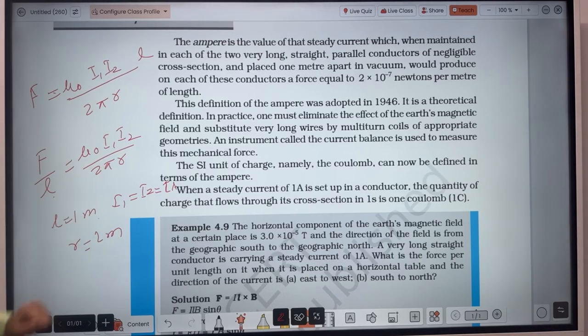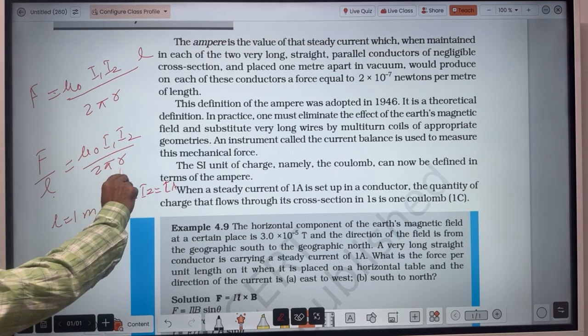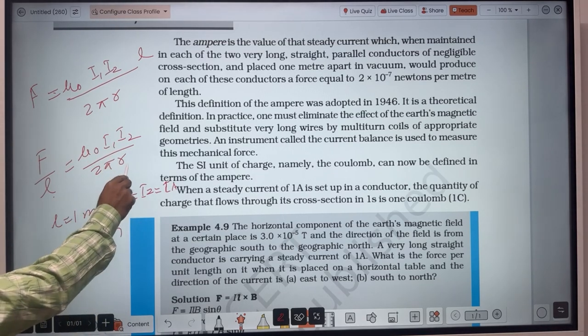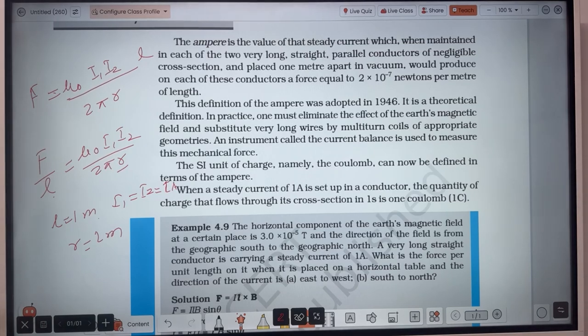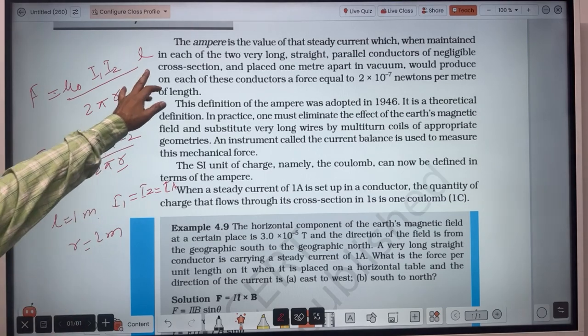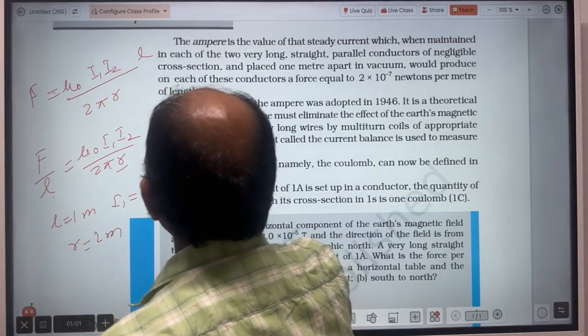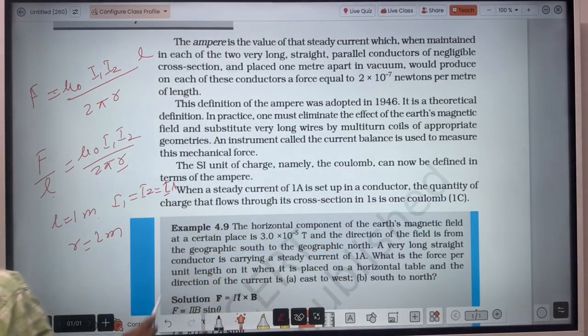So we will get mu naught upon 2 pi as the force between two conductors placed at a separation of 1 meter, which is mu naught upon 2 pi Newton. So this is used to define 1 ampere current.